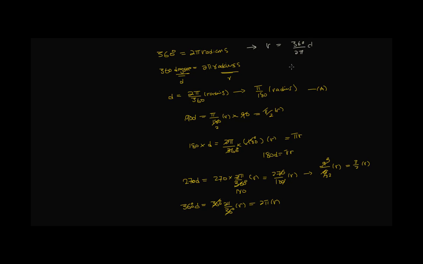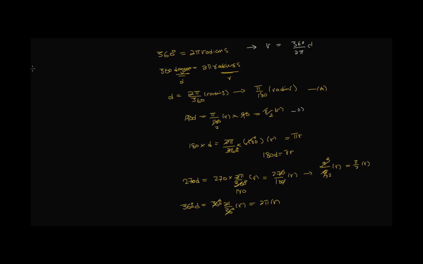So let's calculate all of these 4 angles from radians. We know that 90 degrees is pi by 2 radians. Let's do a backward conversion. Let's take this pi by 2 and see if we get to 90 degrees.